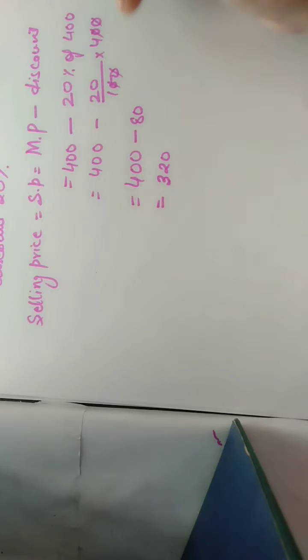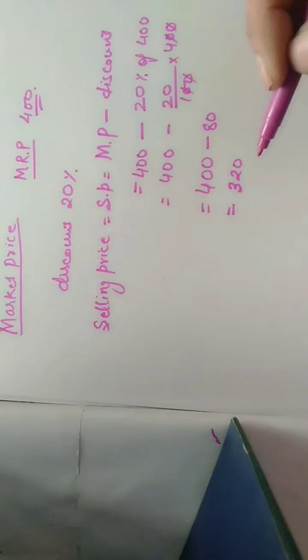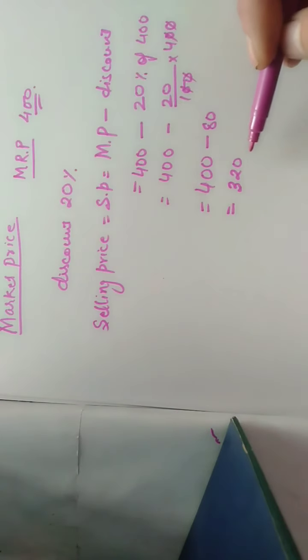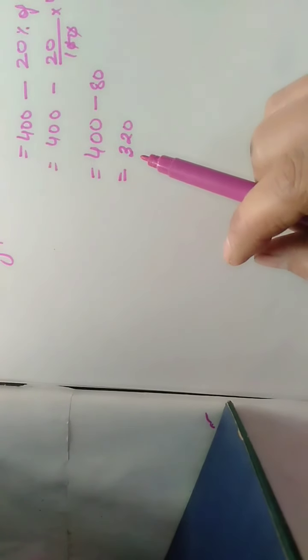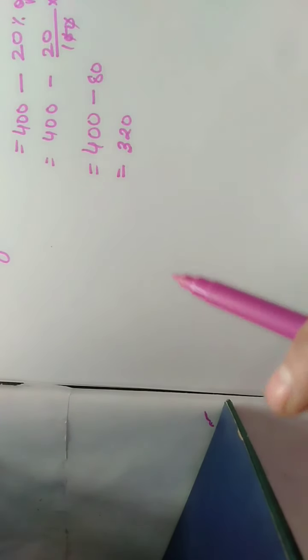So the price was 400 rupees, and now after the discount of 20% you are getting the same thing worth rupees 320. You are getting it at a lower price, and you become very happy that we have got it for less than the price written on it. So this is how the discount is given.